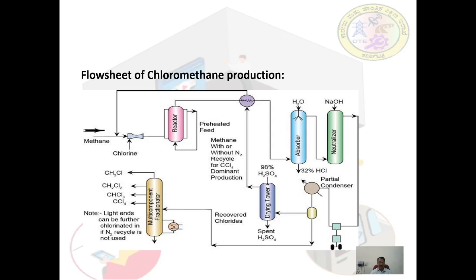Methane and chlorine are mixed and sent to a reactor. The furnace or reactor has a jacket or shell and tube system to accommodate feed preheating to the desired furnace inlet temperature of 280 to 300 degrees centigrade.